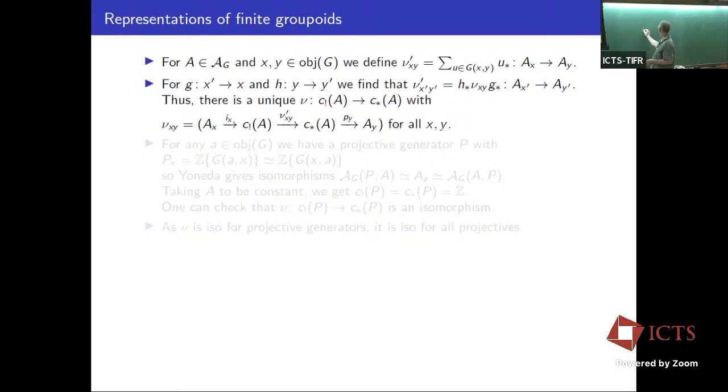Now, if I've got a U here, then of course I've got HUG here, and this construction here is just going to give me a bijection from G(X,Y) to G(X prime, Y prime). And using that, we see that you've got this property here. The nu prime X prime Y prime is the same thing. That should be a nu prime there as well. Okay, so these kinds of things are compatible with composition on the left and the right.